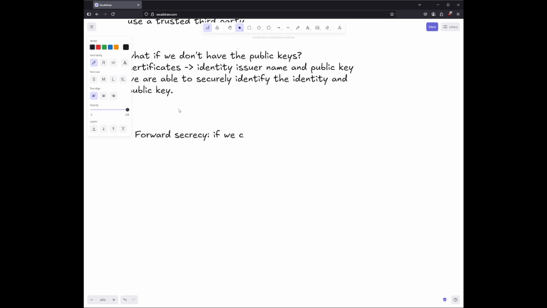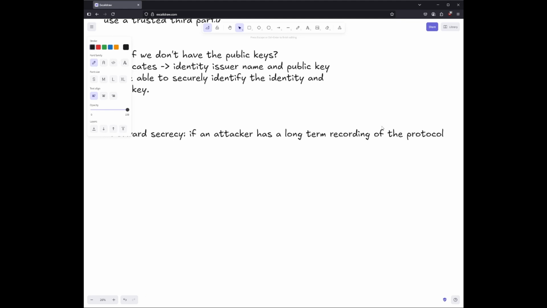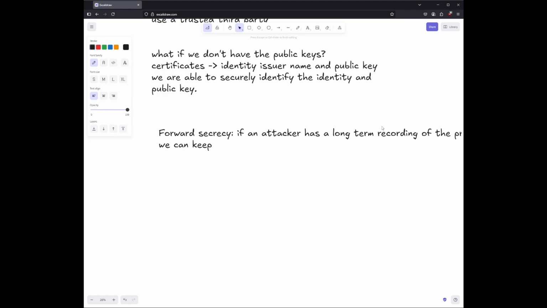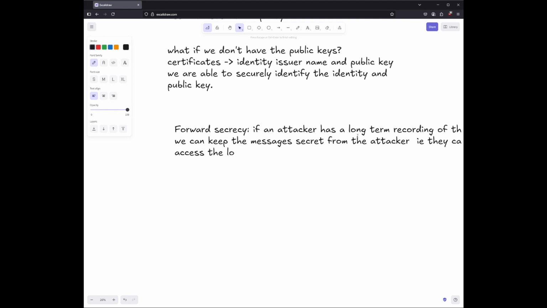even if we have a long-term recording of the protocol. So if an attacker has a long-term recording of the protocol, we can keep the messages secret from the attacker, i.e., they can't access the long-term keys of the protocol.